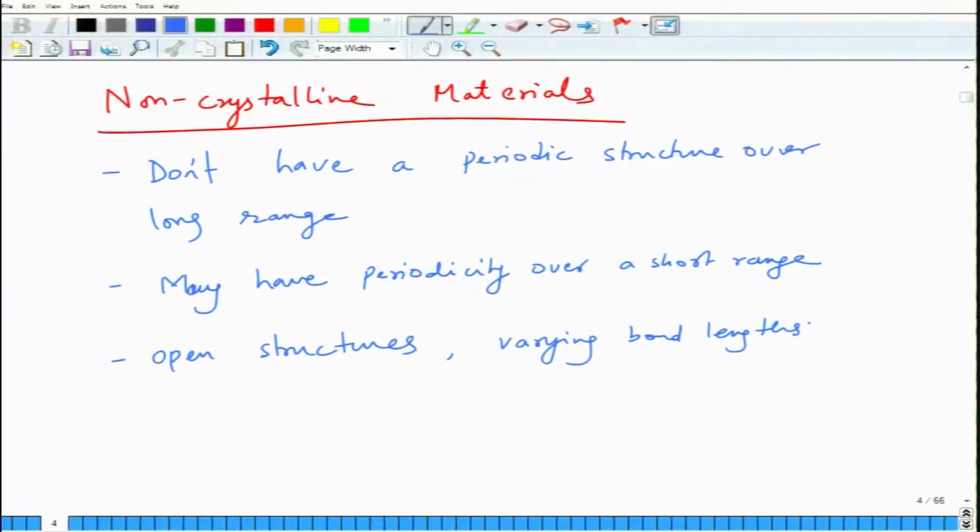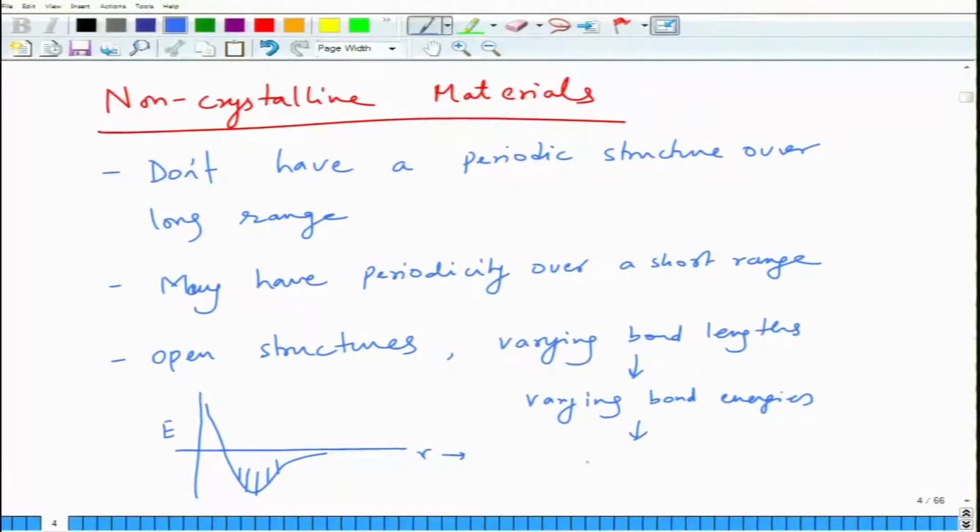Since they have varying bond lengths, if you look at the energy minimum, it goes something like this. This is potential energy, this is distance. If a material has varying bond lengths, it also means that you will have varying bond energies.